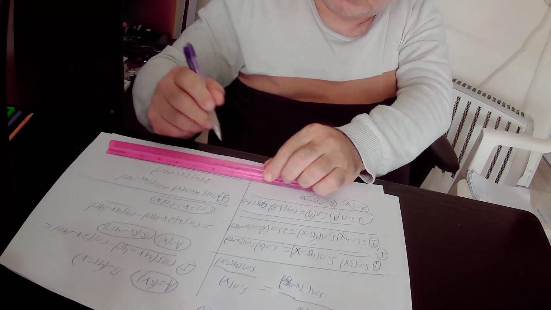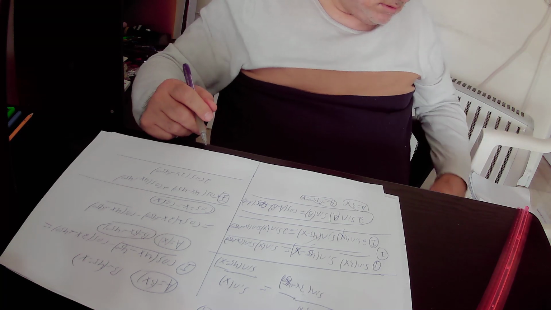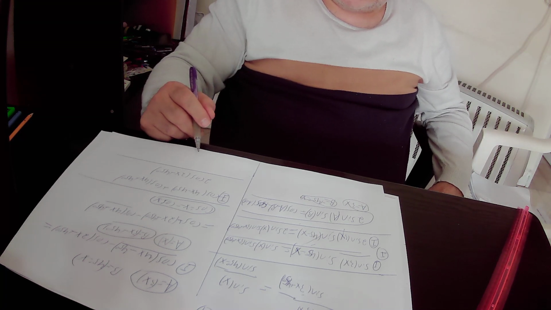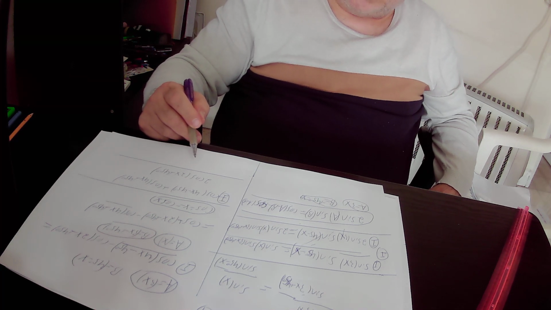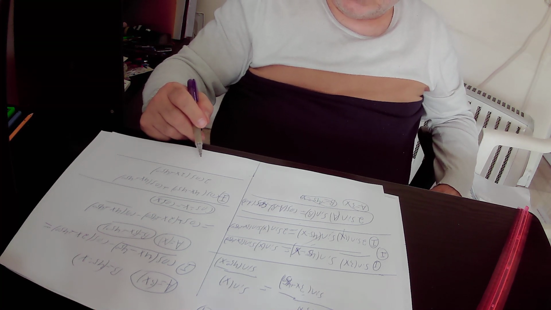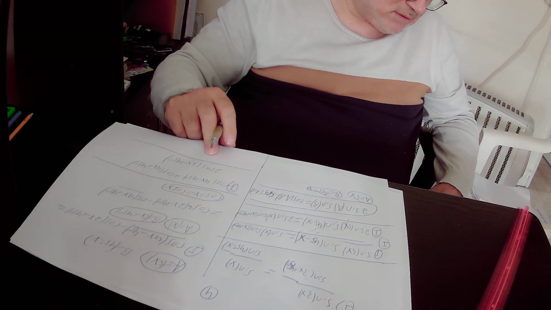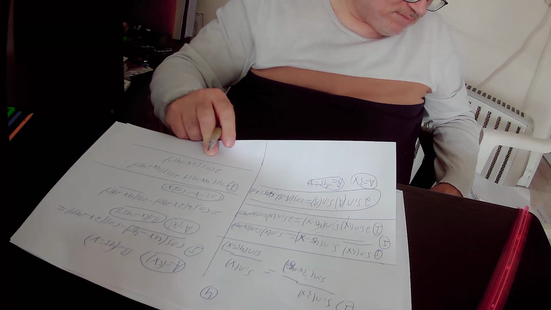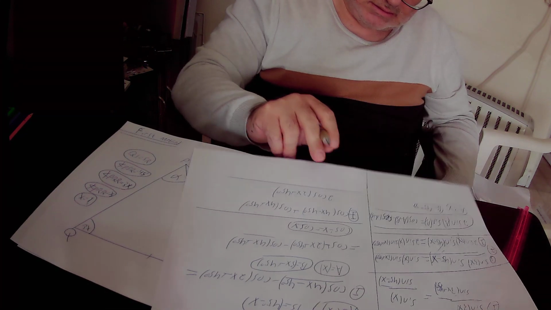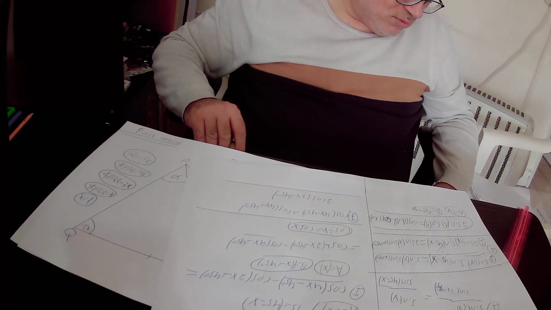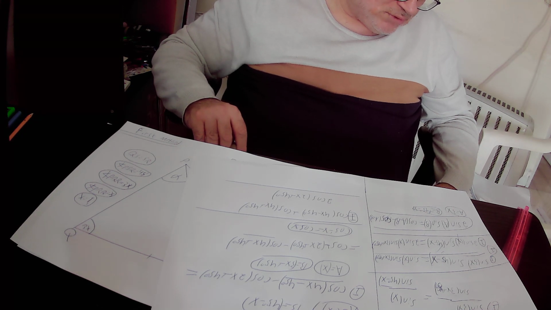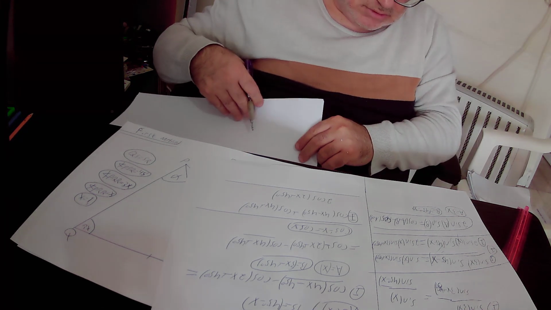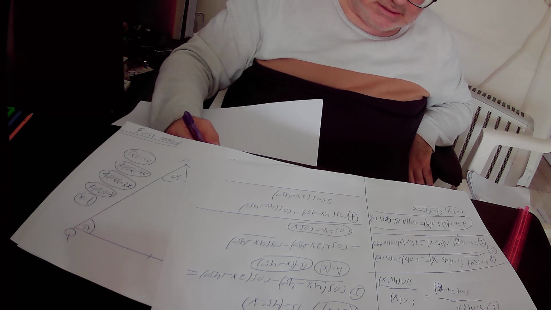So here the expression cosine 4x minus 45 degrees plus cosine 4x plus 45 degrees is very similar to the trigonometric identity that cosine c plus cosine d equals 2 cosine c plus d over 2 times cosine c minus d over 2. So I write the trigonometric identity.